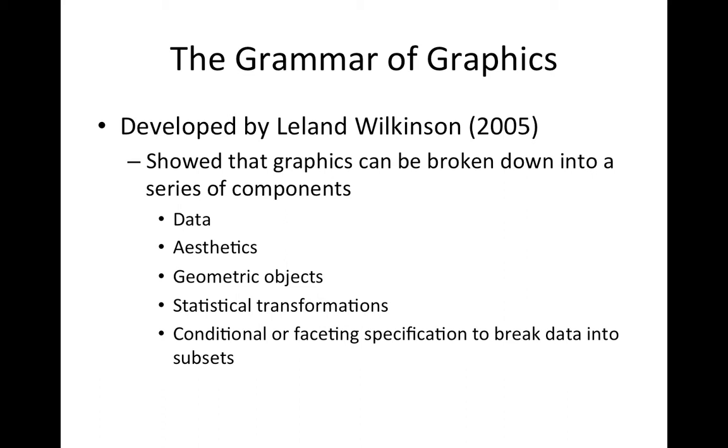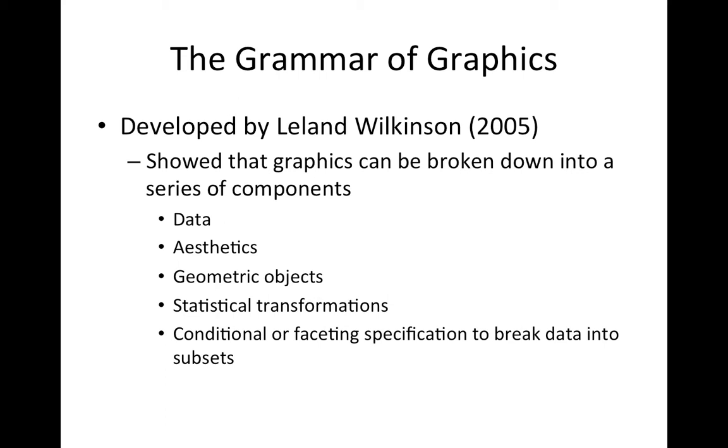And that representation is done on some sort of geometric object. It could be a 2-dimensional plane, for instance. It could be a histogram, it could be a line through points, it could be a scatter plot. So those are called geometric objects, or as you will see, we just call them geoms now.